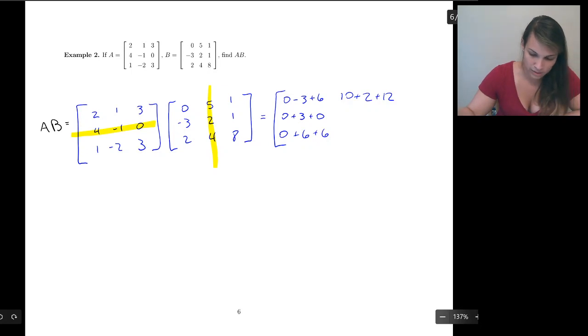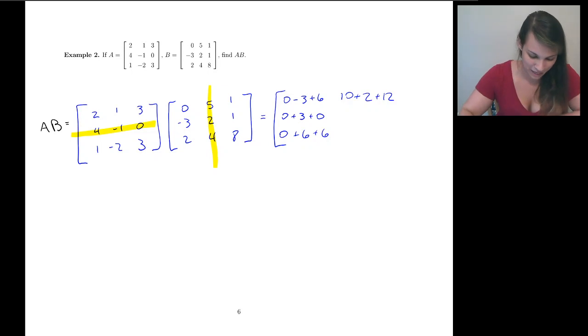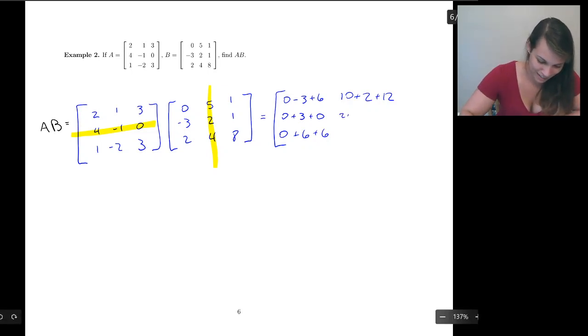We want to go down in our A matrix, because remember, rows of the result correspond with the rows of A and columns correspond with the columns of B. I'm going to say that a million times and hope that it goes in. 20 minus 2 plus 0.